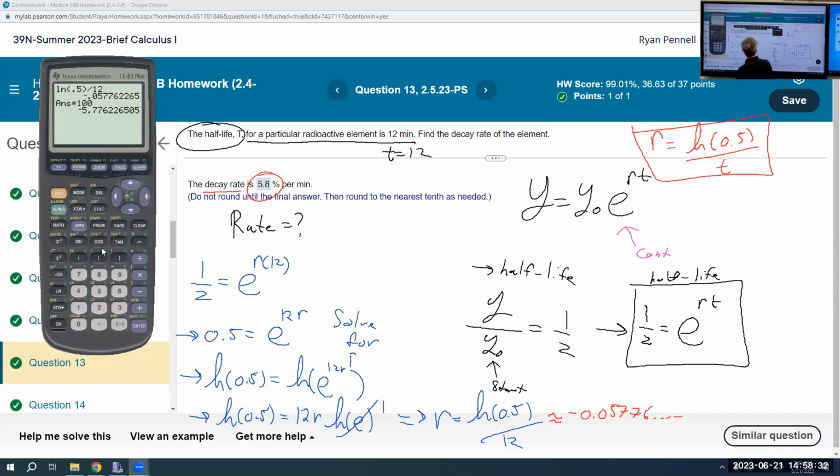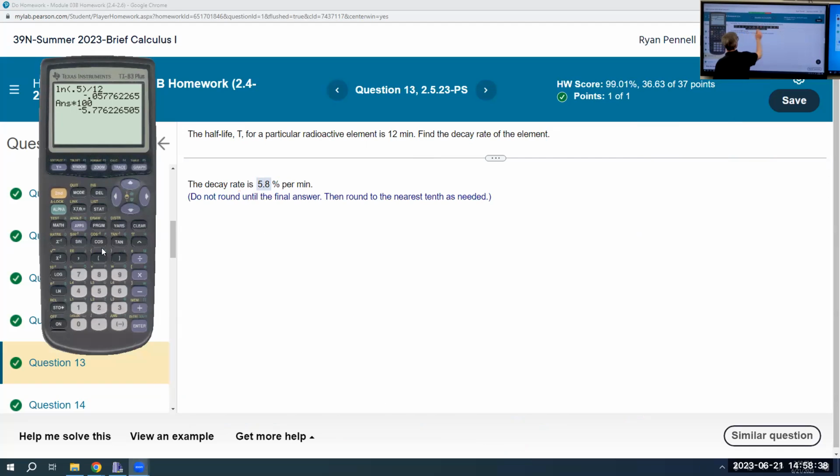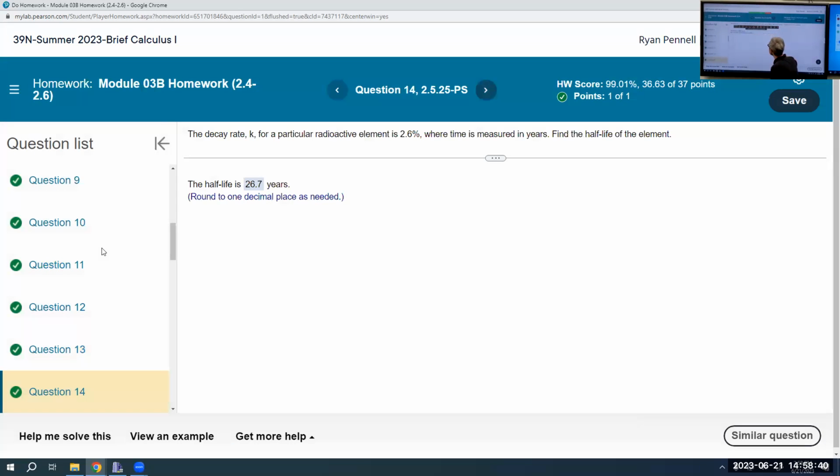I think there's a string of problems like this. I think the next one is similar. Decay rate, yeah. Okay. This one says the decay rate, K, for a particular radioactive element is 2.6%, where the time is measured in years. Find the half-life of the element.